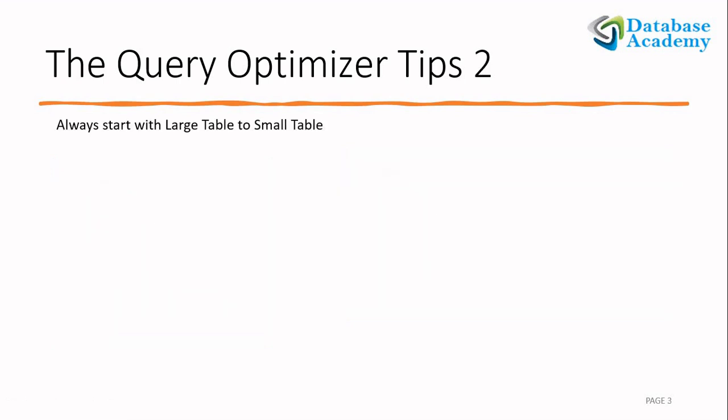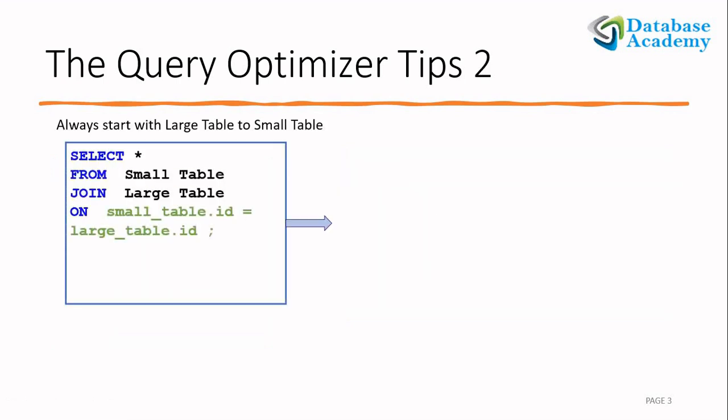Now let us see another tip, how we can improve the performance of a select statement. So here you can see that we have written select star from a small table and then a large table, and then this is the joining condition. So how can we rewrite it so that it will improve the performance of the select statement?